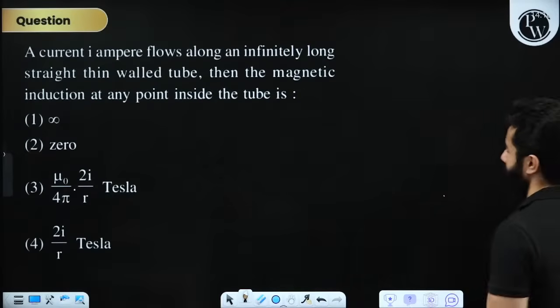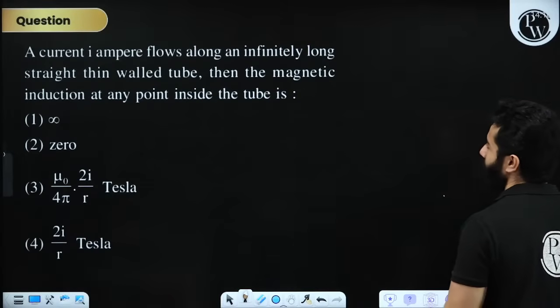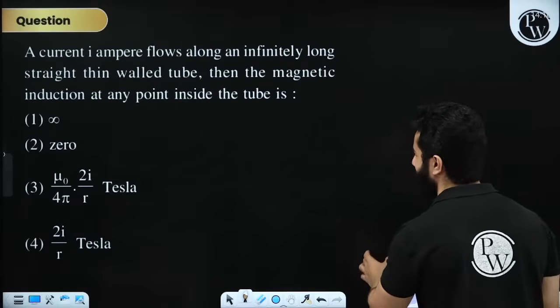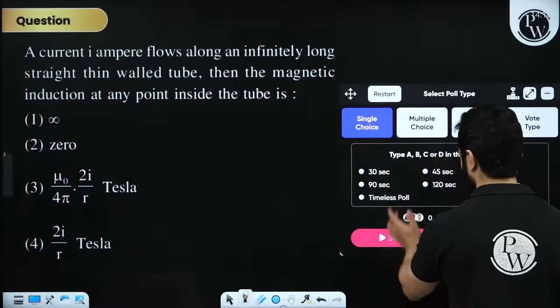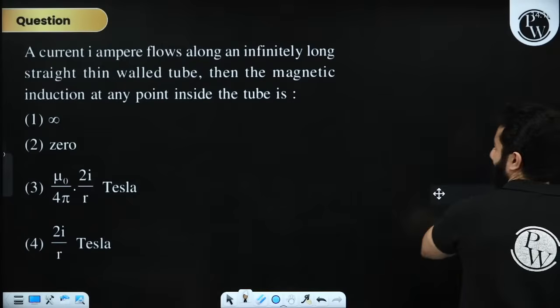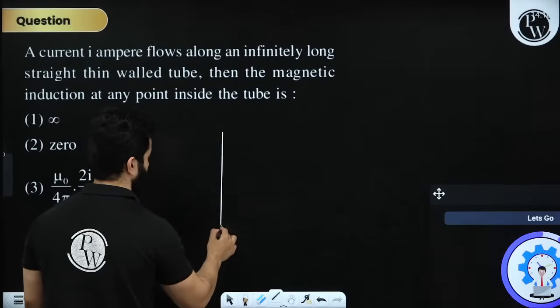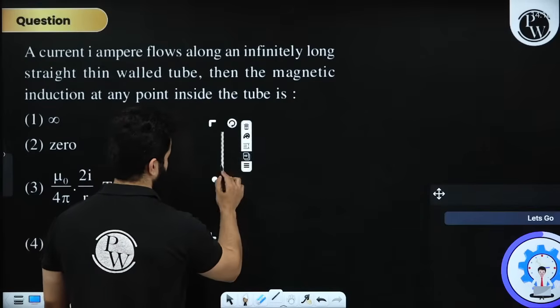I'll give you a poll in this. A current I ampere flows along an infinitely long straight thin walled tube, then the magnetic induction at any point inside. Let's start. 60 seconds. Let's say you have got a wire like this.